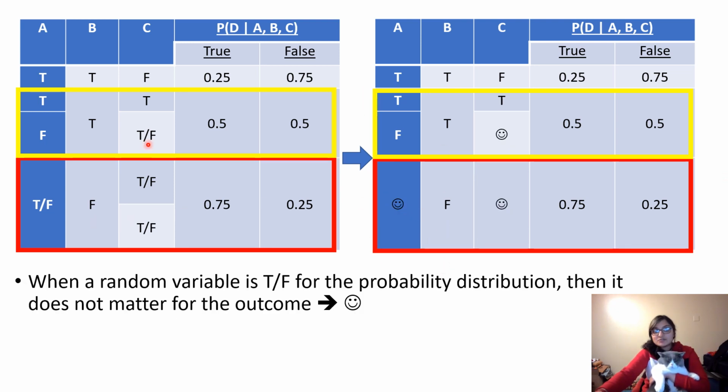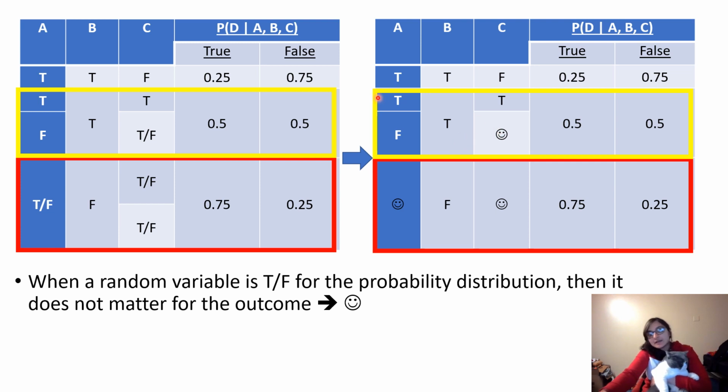So when it's just true or false, we just want to put a smiley there because we're like, hey, it doesn't matter. We don't even need to know what this is, as long as B is false. That's all that matters here. And that's what we care about: we look here and we see it doesn't matter if A is false and B is true, for all these outcomes.